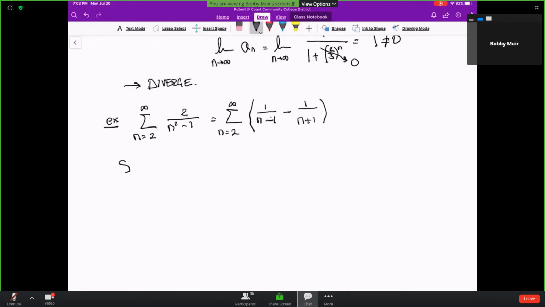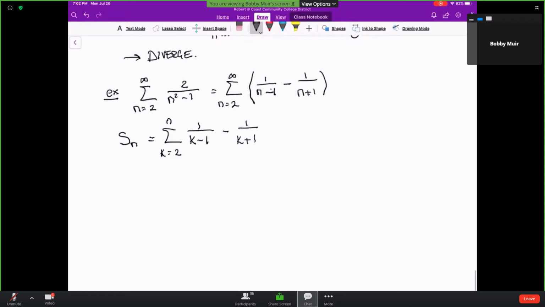So if we look at the nth partial sum, it's going to be the sum from k starting at 2 and going up to n of 1 over k minus 1 minus 1 over k plus 1. So we start writing it out here. It's going to be 1 minus 1/3. Then when it's 3, it's going to be 1/2 minus 1/4.